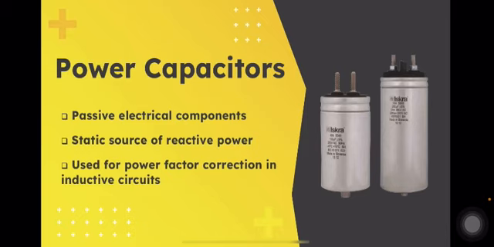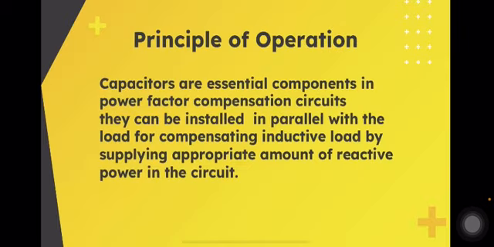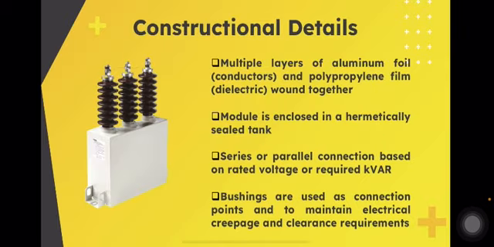So, what are the different components that are used? These components are formed by multiple layers of aluminum foil, which are the conductors, and a polypropylene film, which is the dielectric, wound together. When they are interconnected, multiple elements combine to function as a single capacitor unit.